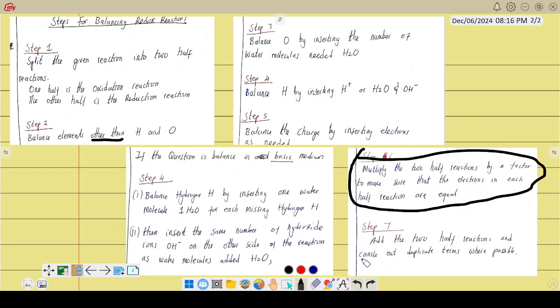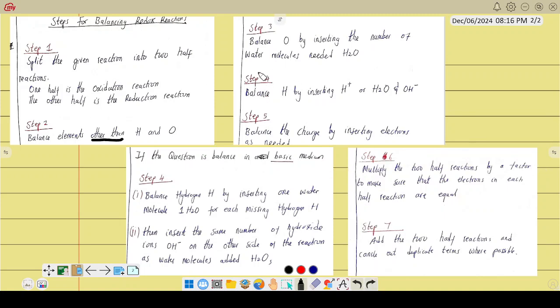Yeah, so the factor is the number of electrons. We just multiply to make sure they cancel out later on, and then finally we add the 2 half reactions.